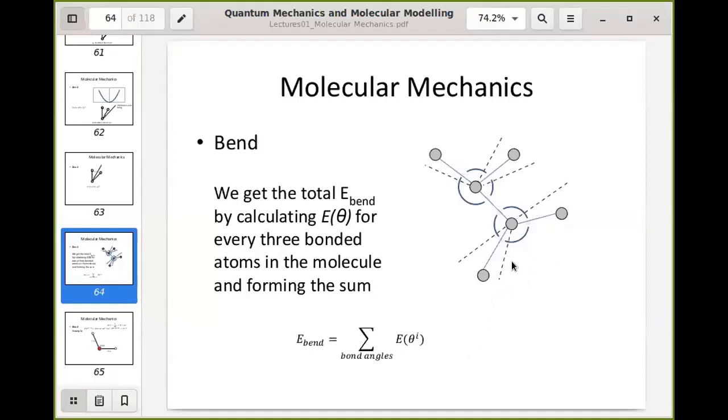So there's a lot of work in this molecule to calculate the angle energy, the E-bend term for the molecule. There are 5 terms that need to be calculated individually.